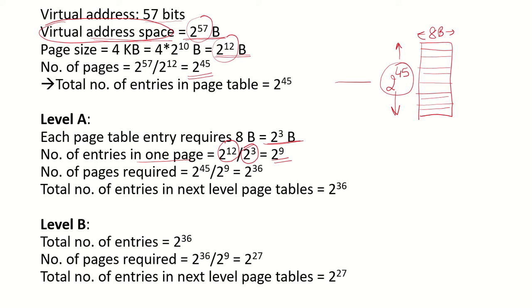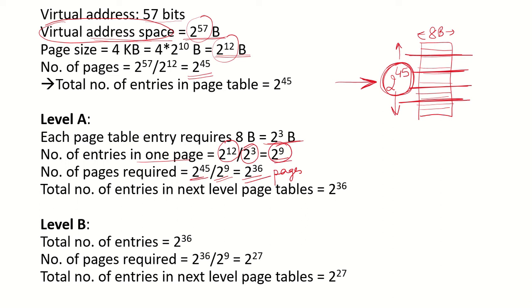So to store 2 to the power of 45 entries, with only 2 to the power of 9 entries per page, we would require 2 to the power of 36 pages. That means these 2 to the power of 45 entries would come in 2 to the power of 36 pages, and each page would have only 2 to the power of 9 entries.